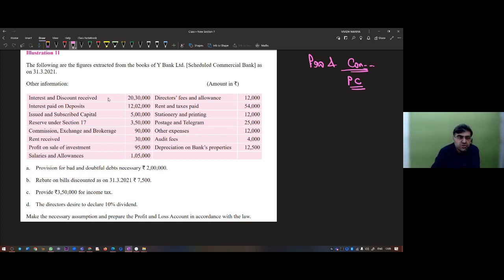Interest and discounts, schedule 13. Interest paid, schedule 15. Commission, exchange and brokerage, income under schedule 14. Rent under schedule 14, other incomes 14. Sorry, 16 I have to say. Not 15, operating expenses are 16, as you know.